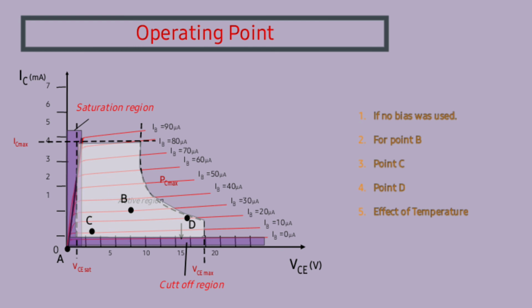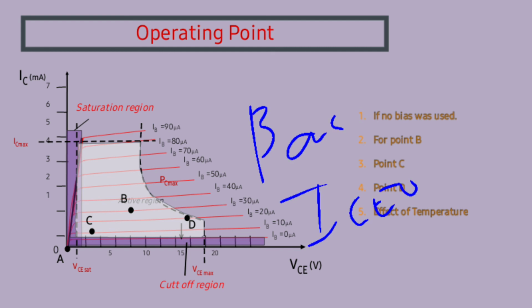Temperature causes device parameters such as the transistor current gain, that is beta AC, and also the transistor leakage current ICEO, which I have already explained in the common base and common emitter configurations, to change.